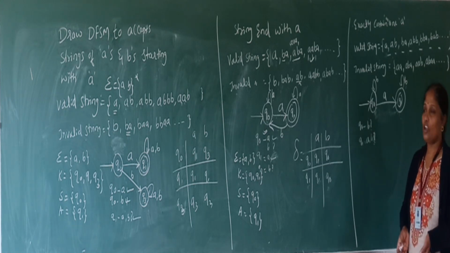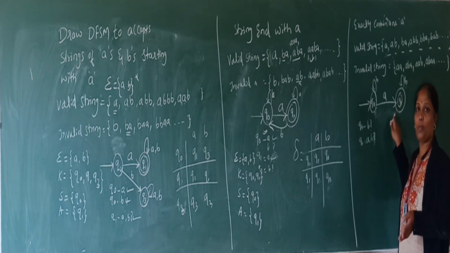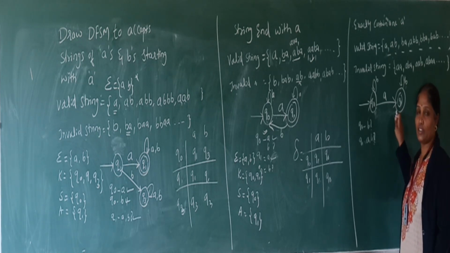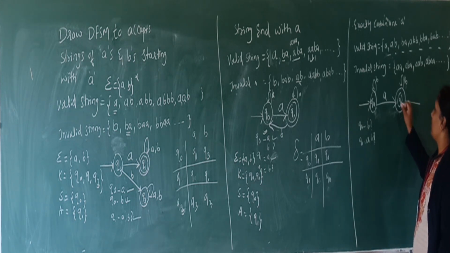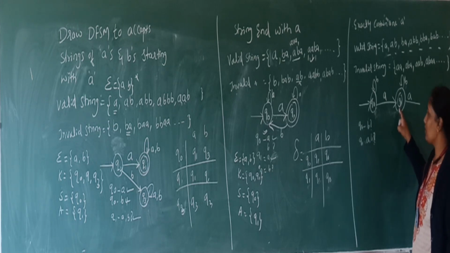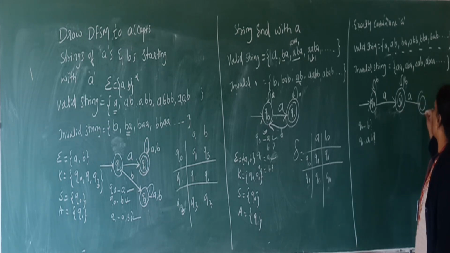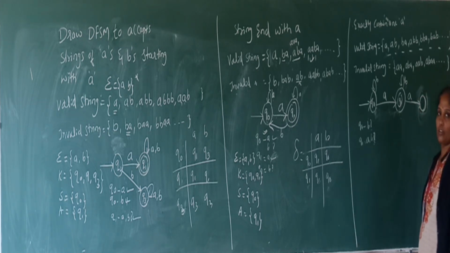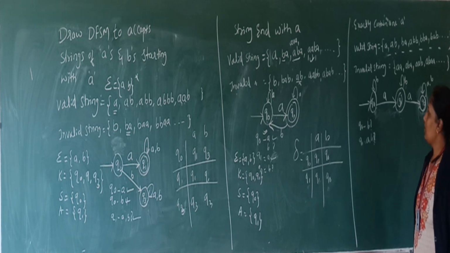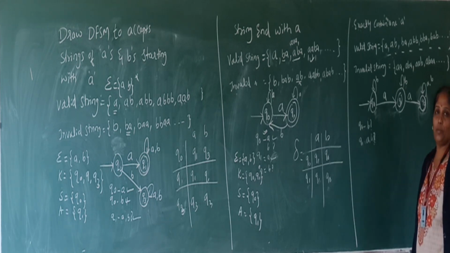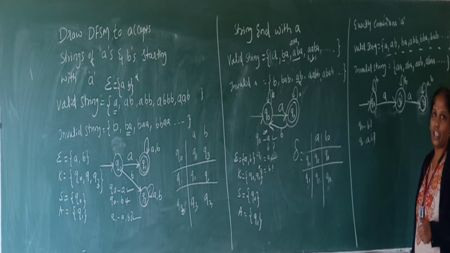So what is the next step? If it is not possible to show the transition between these two states, that time only you introduce a trap state. The trap state is for this: if one more A comes after reaching the final state Q1, then move to a trap state. The trap state is Q2, and the A and B transitions will go to itself only. So this is a DFSM which accepts exactly one A.